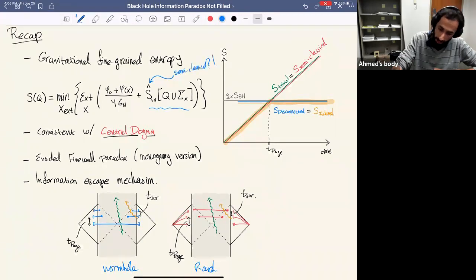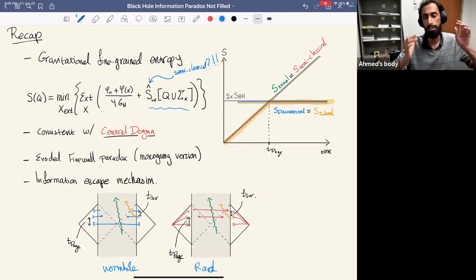I didn't explain why. Hopefully it should become clear by the end of this talk. But this is something weird about this formula. In some sense, you're supposed to assume the wrong answer, but then fix it up by considering a new formula, adding this area and doing these different procedures.